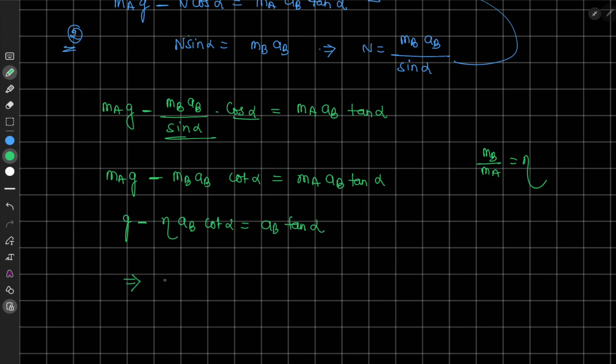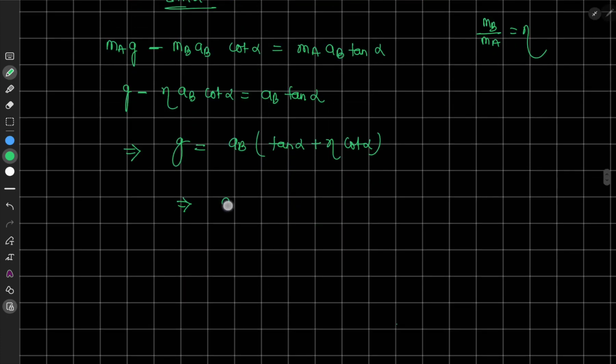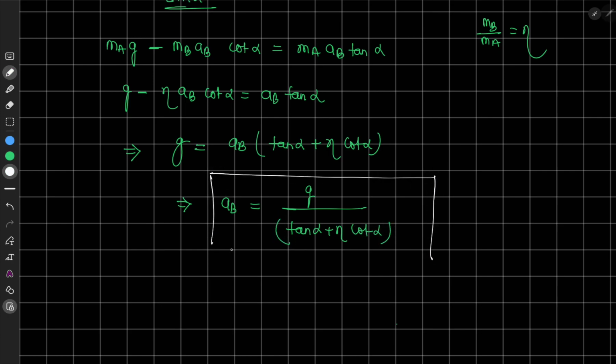Okay, so from here we can write g is equal to aB times tan alpha plus eta times cot alpha. So from here we can get acceleration of wedge is equal to g divided by tan alpha plus eta times cot alpha. So this is the value of acceleration we got for the wedge.